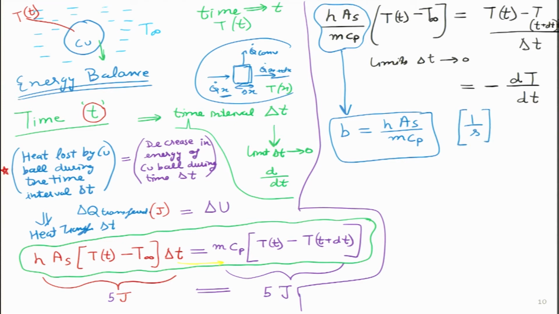So, it is the inverse of time and it is known as a time constant. It is a funny thing, even though it is the inverse of time, it is known as time constant. With the help of this substitution, our equation will become very neat and clean.